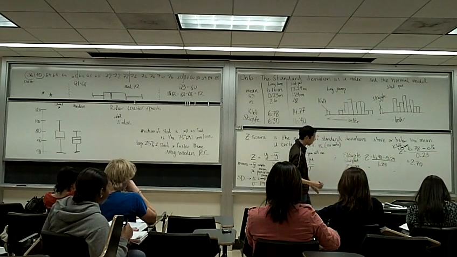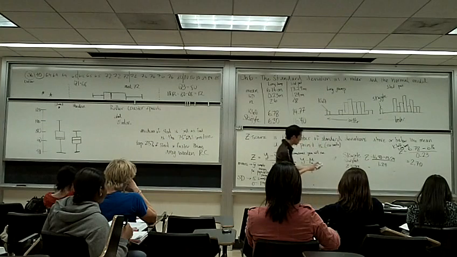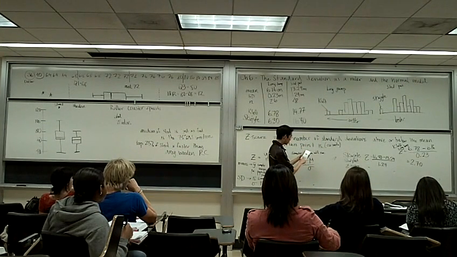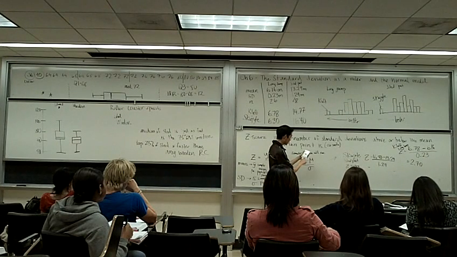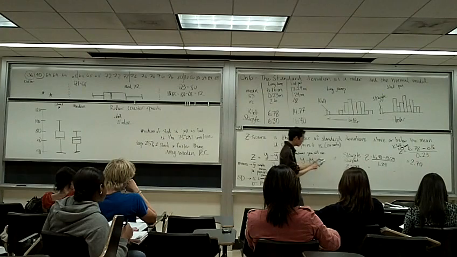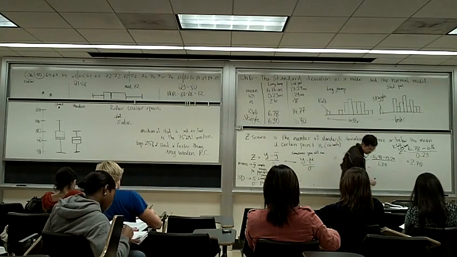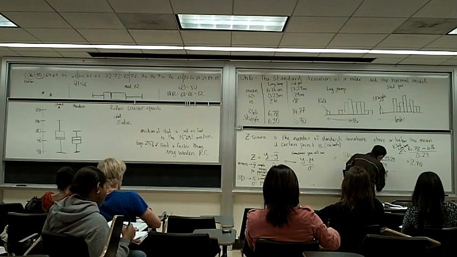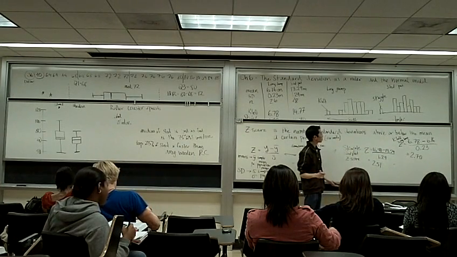So we get 16.40 minus 13.29 divided by 1.24, which is 2.51 standard deviations above the mean.